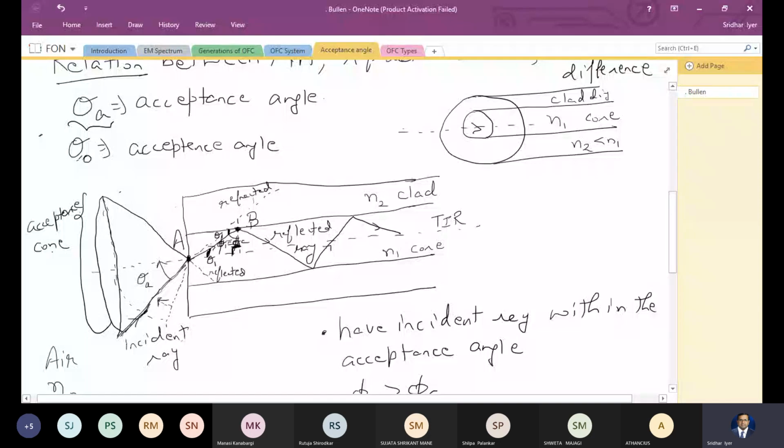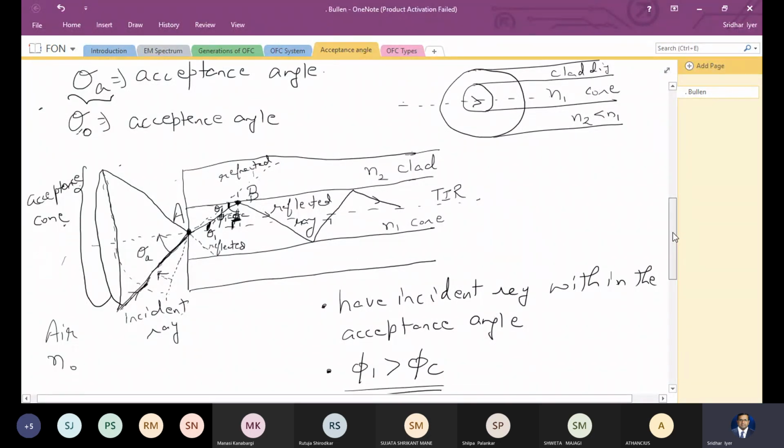Now, let us look at the last point, point A. What is happening at point A? At point A, you have an incident ray coming from air. The environment is air with a refractive index N0, and it is entering another medium with a refractive index of N1.